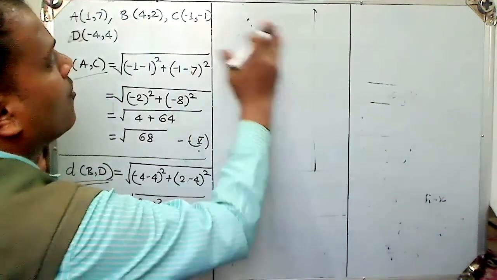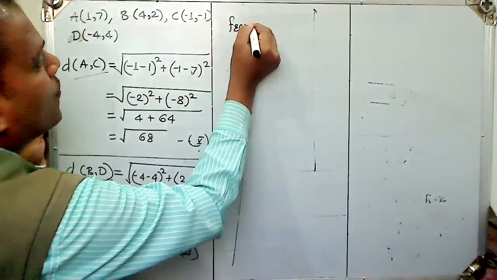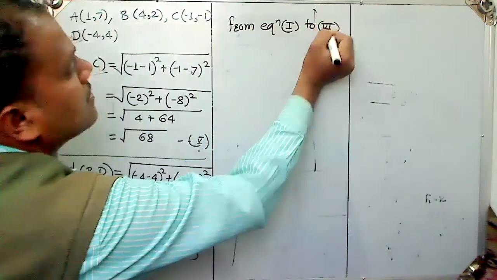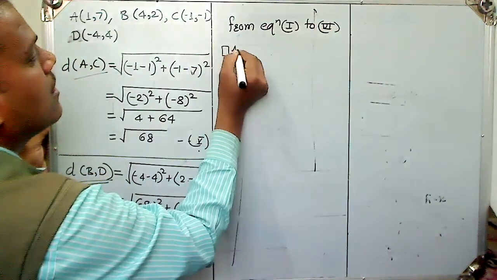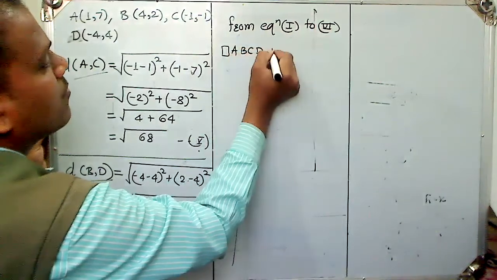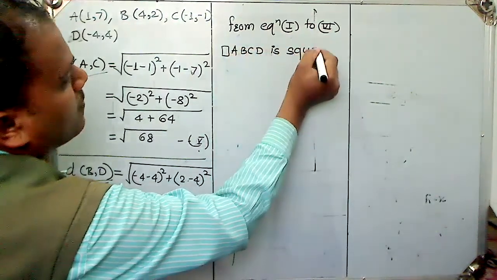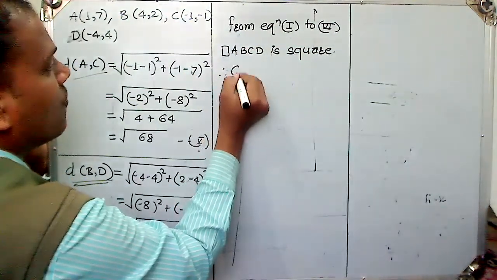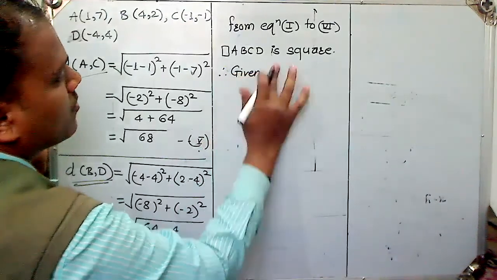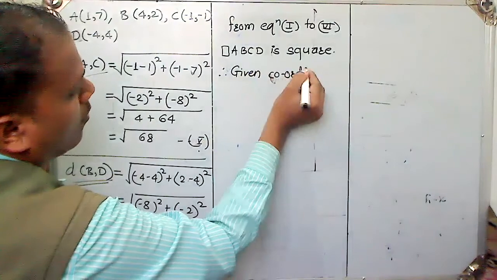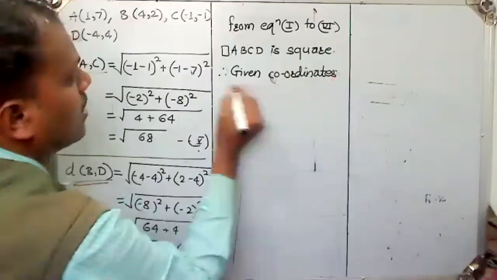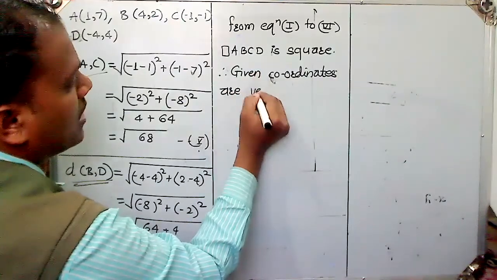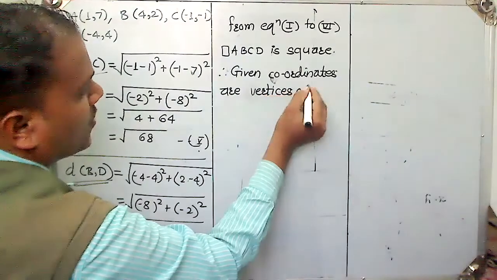So from equations 1 to 6, quadrilateral ABCD is a square. Quadrilateral ABCD is a square, or rather we can say, therefore the given coordinates are vertices of a square.